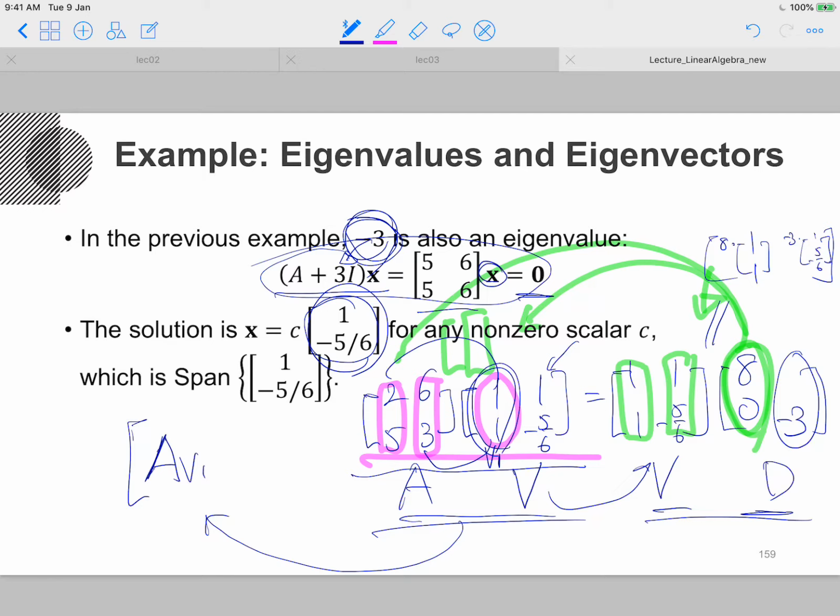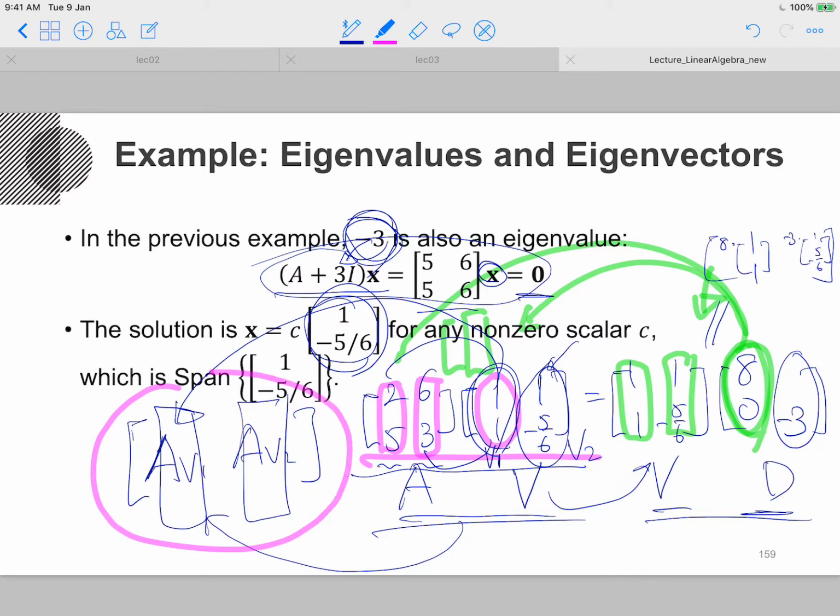Because V1 will work as the first set of linear combination coefficients that will produce the first column. And then we have V2, and the same columns are used as our common basis vectors, right? And V2 will work as the second set of linear combination coefficients, right? So overall, we can represent it in this form, right? And then this matrix and this matrix should be the same, right?